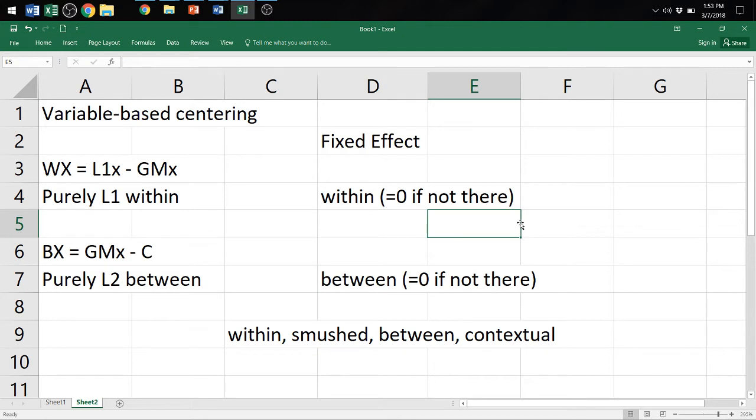Now, I like this version of things because it's harder to screw up. But within cluster data, people often want to know what the effect of the group is after controlling for the effect of the individual. That's the contextual effect, and this model doesn't give that to you. If I wanted to get the contextual effect out of this model, could I?